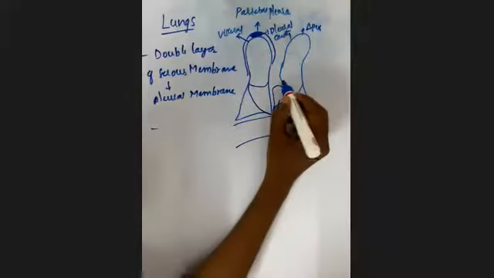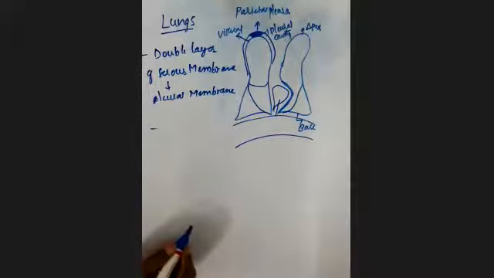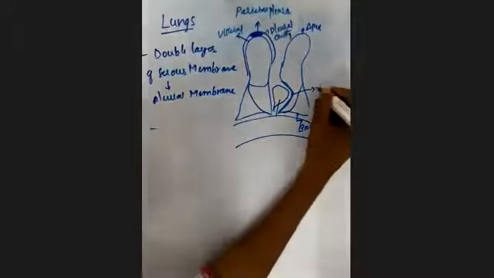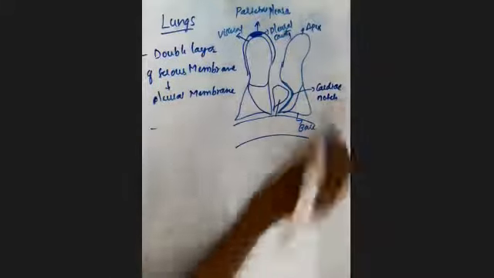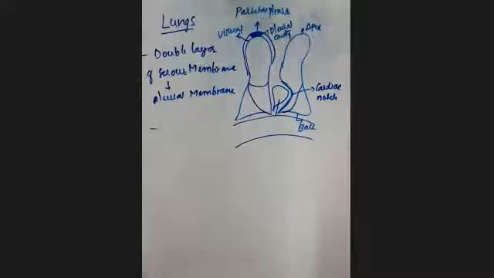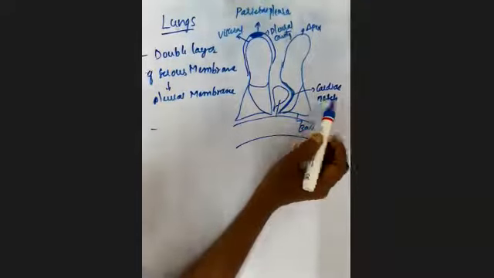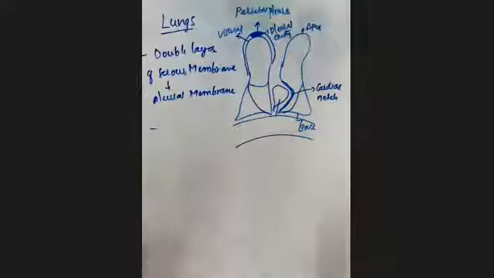The cardiac notch is present in the left lung, where the apex of the heart lies. So the left lung is smaller when compared to the right lung. Because of this notch, the left lung is smaller than the right lung.